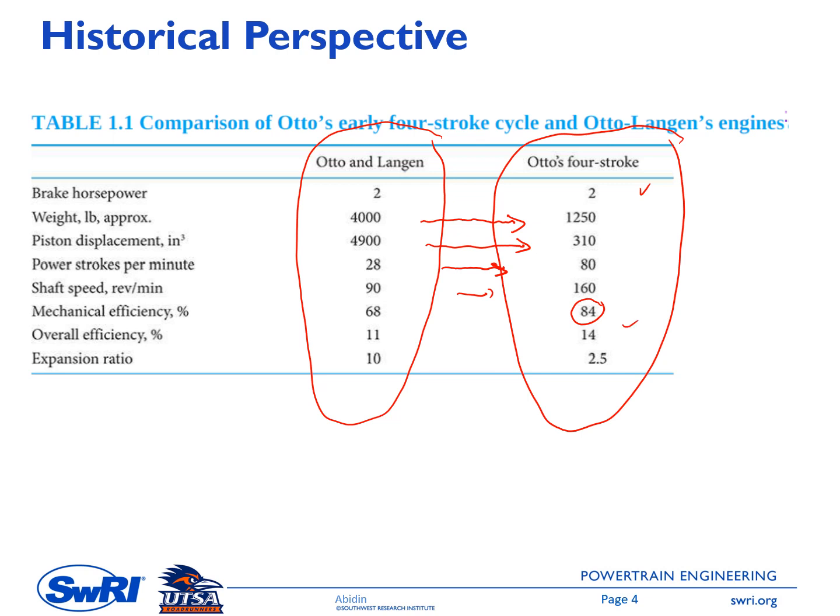And then the expansion ratio drops from 10 to 2.5. So looking at this figure, Mr. Otto was able to make an improvement in terms of engine efficiency, makes the engine smaller, more compact, and for sure it gets higher acceptance in the market.